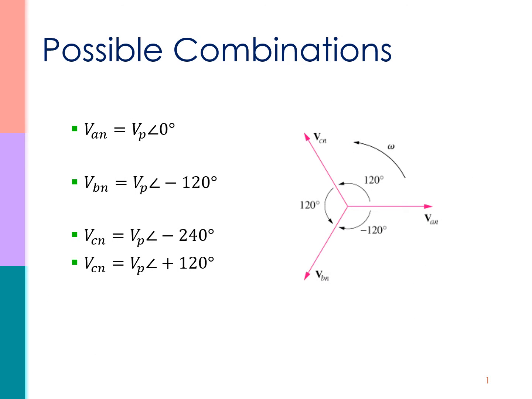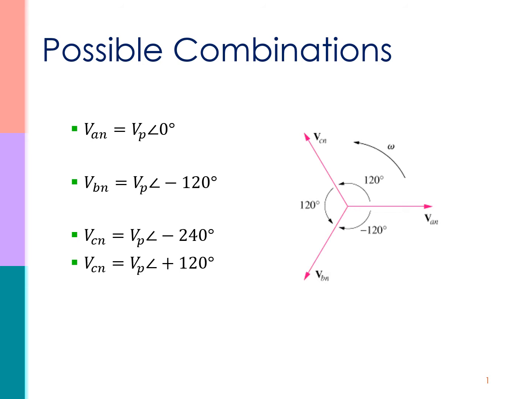Hi, so we continue our lecture. Since we know that the three-phase voltages are 120 degrees out of phase with each other, there are two possible combinations, which we call a phase sequence.